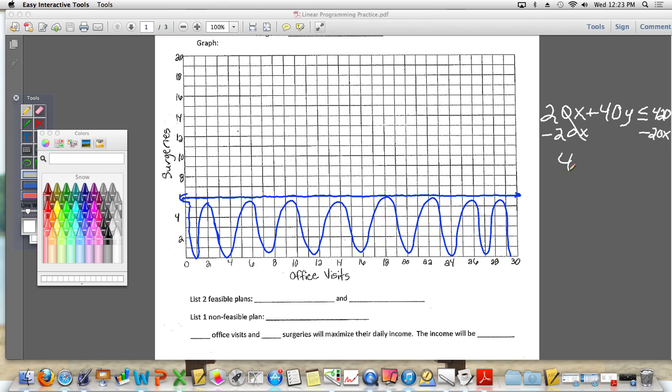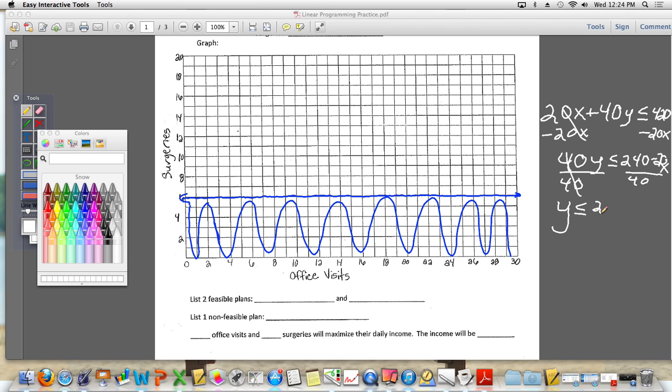So I have 40y is less than or equal to 240 minus 20x. And then of course I have to divide by 40. So I'm going to have y is less than or equal to, divide this by 40.